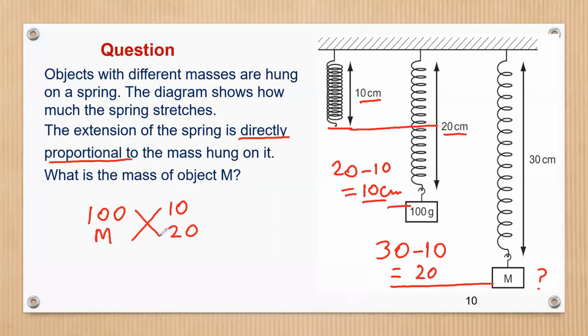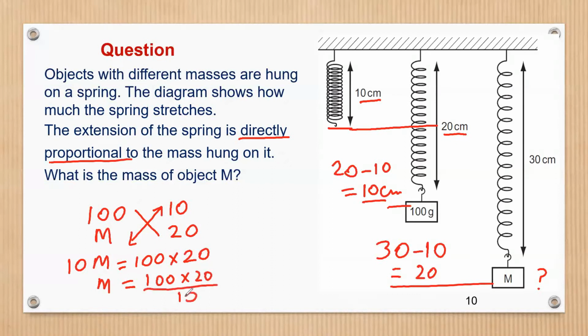We can cross multiply to get the value of M. So M times 10, 10M equals 100 times 20. To calculate the value, 100 times 20 divided by 10.